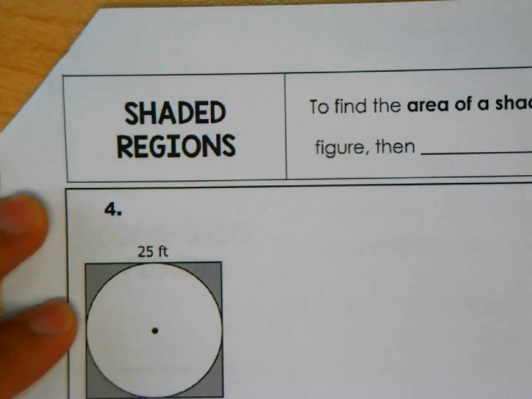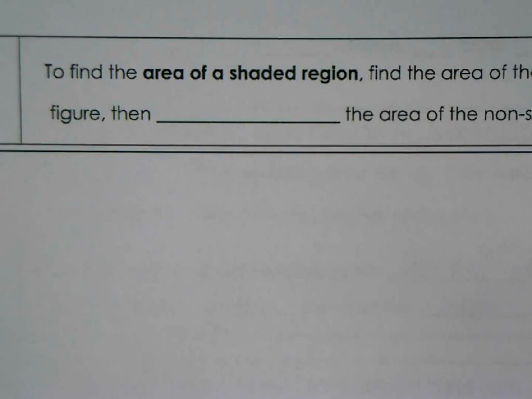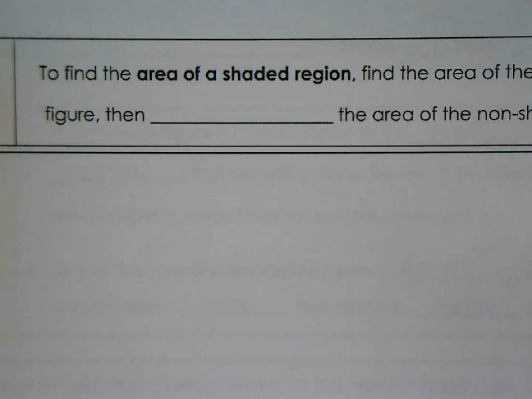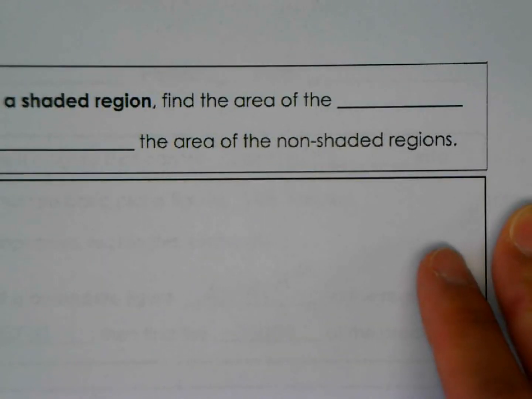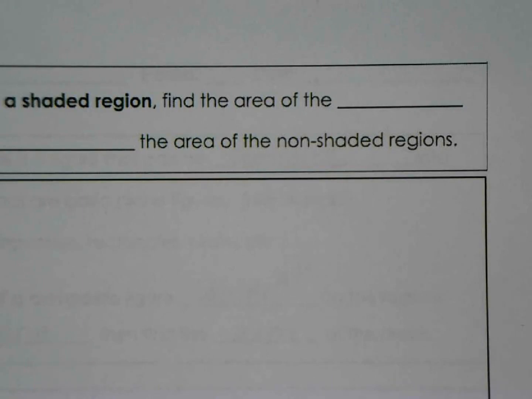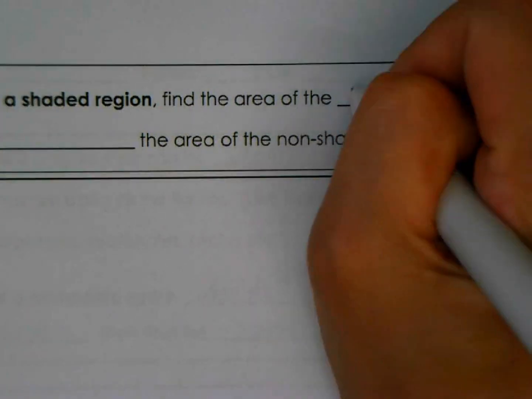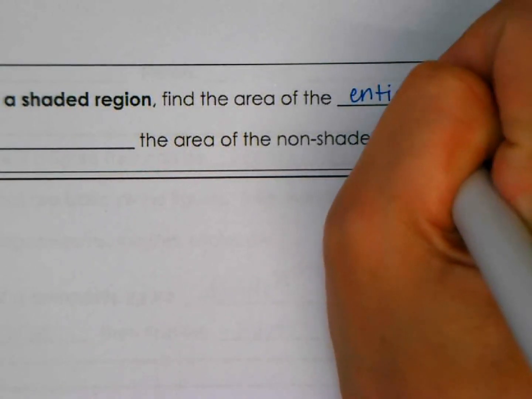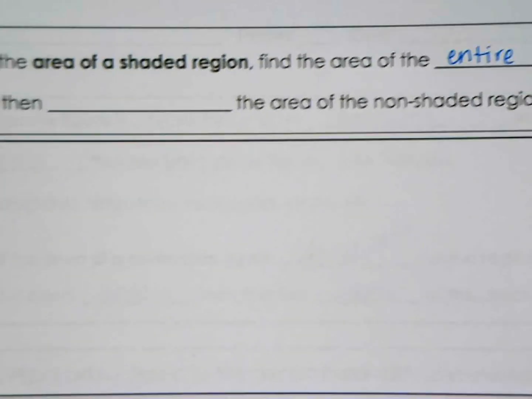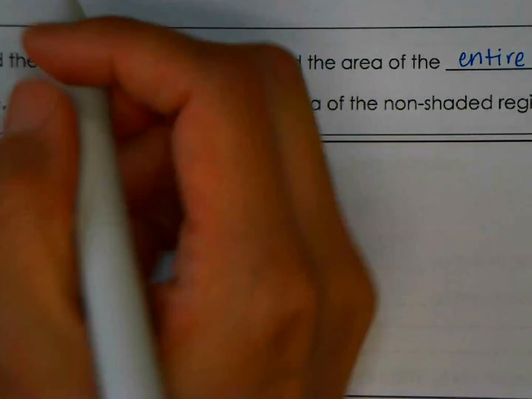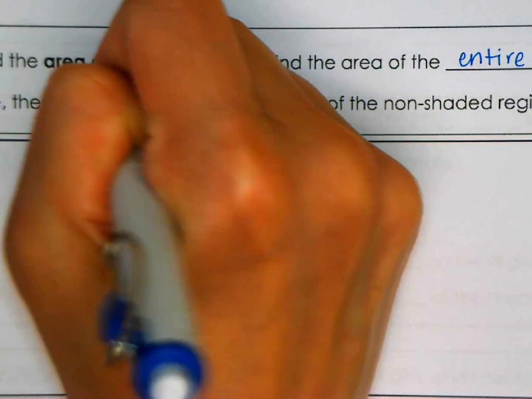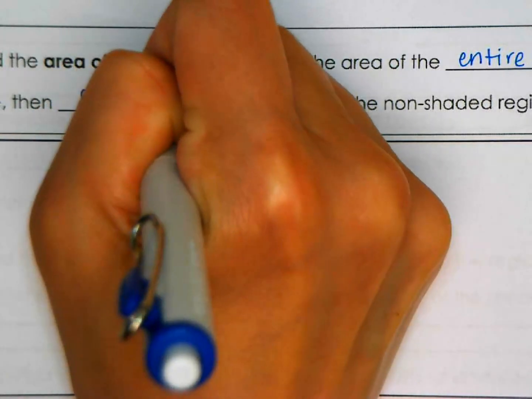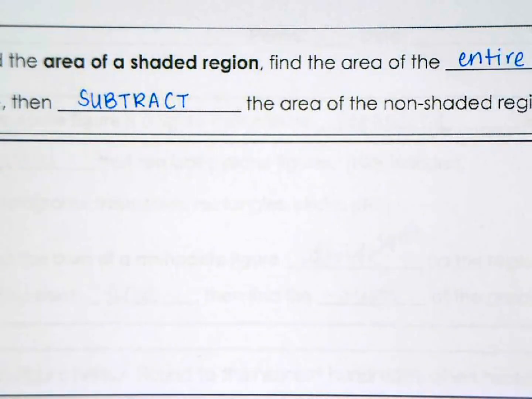Okay, so now we're going to do shaded regions. To find the area of a shaded region, we find the area of the entire figure, of the whole thing, and then subtract the area of the non-shaded region.